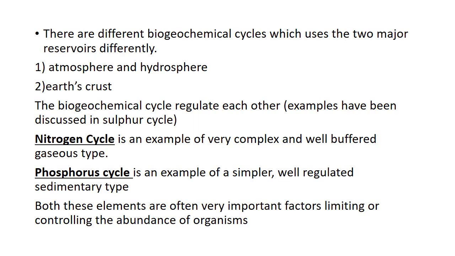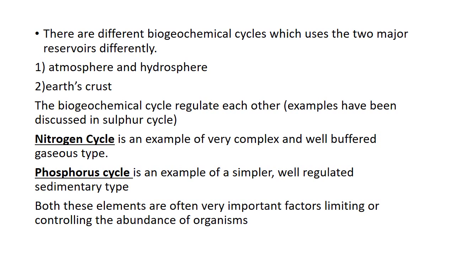There are two different biogeochemical cycles which use the two major reservoirs differently. Number one, atmosphere and hydrosphere, and number two, Earth's crust. These reservoirs are also known as nutrient pools, and these are also referred to as unavailable pools.